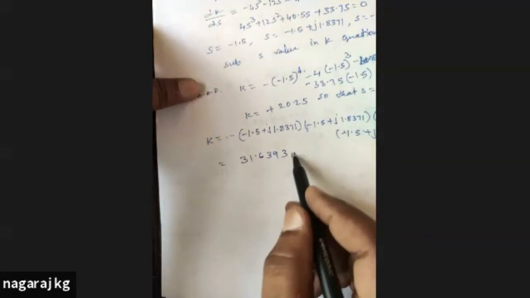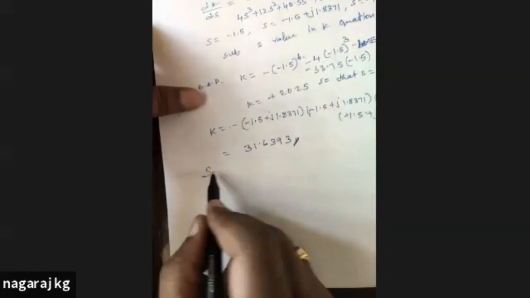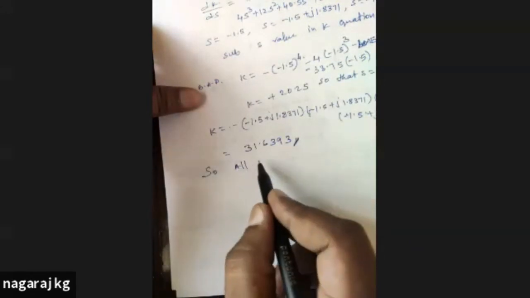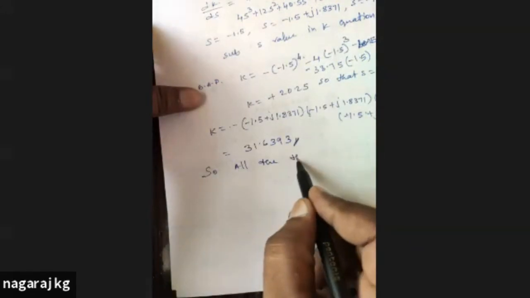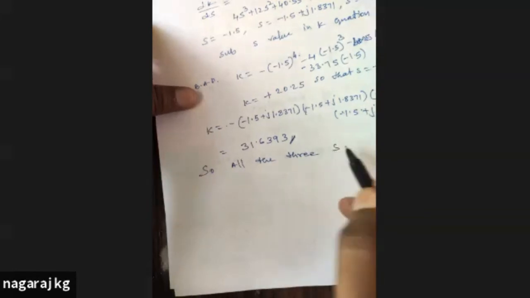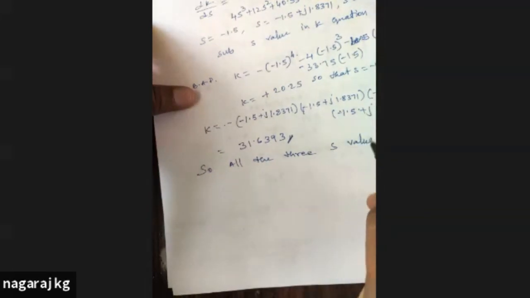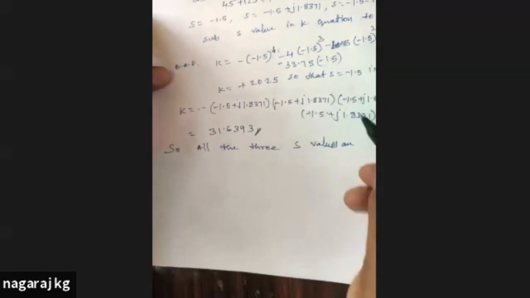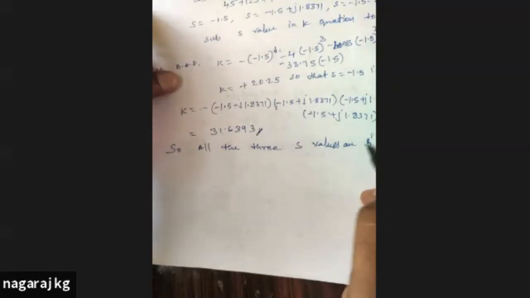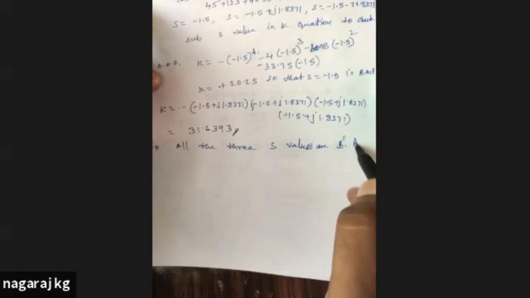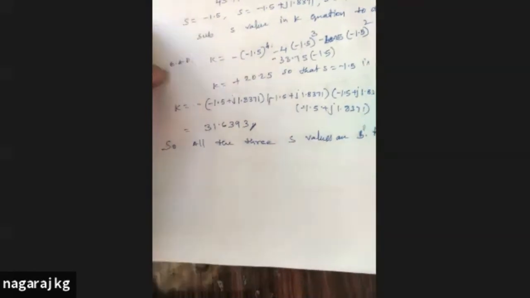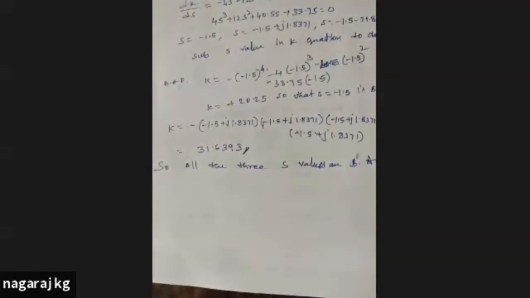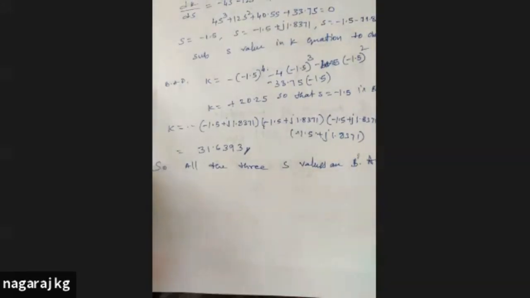So both are breakaway points. All the 3 s values are breakaway points. Got my point? So this is how we find out the breakaway point.